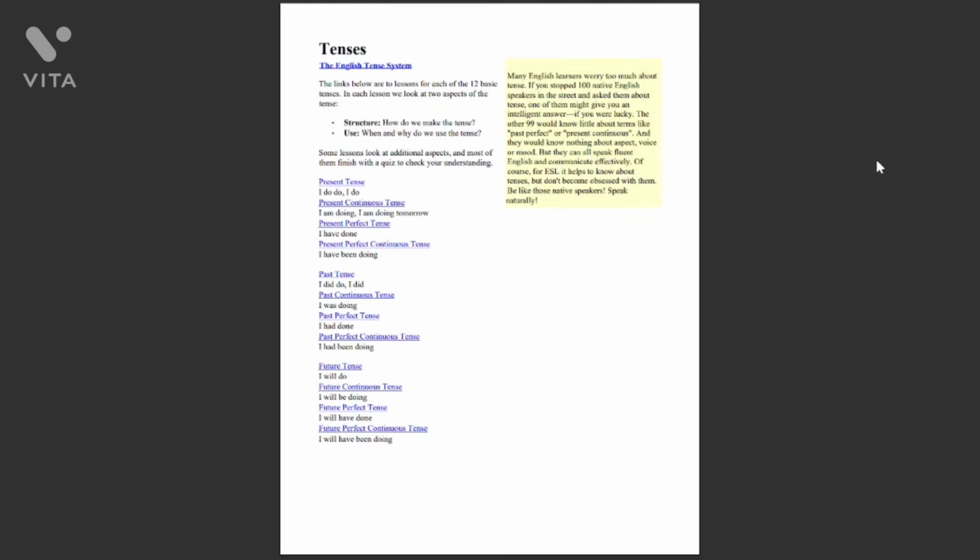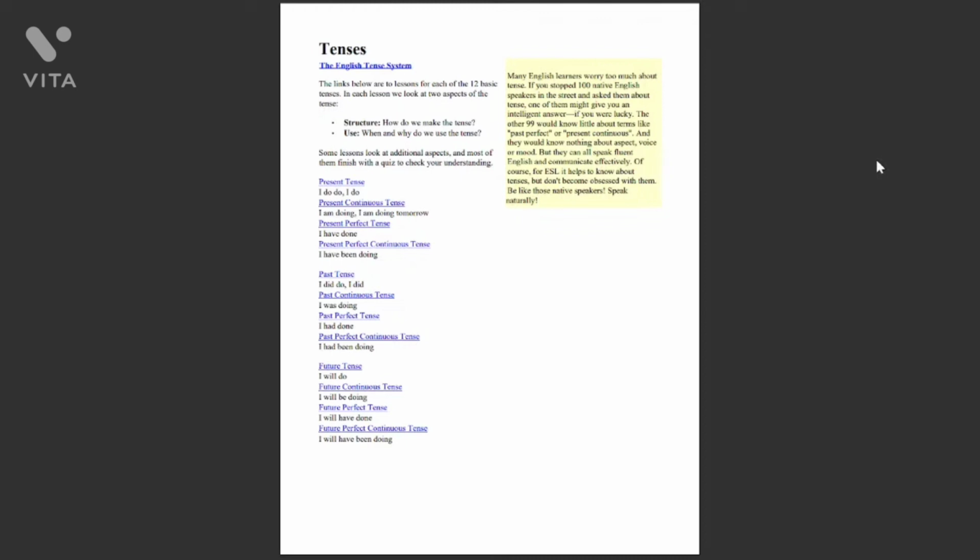So now let's move into the present tense: I do. Present continuous tense, like I'm doing. Present perfect tense, I have done.